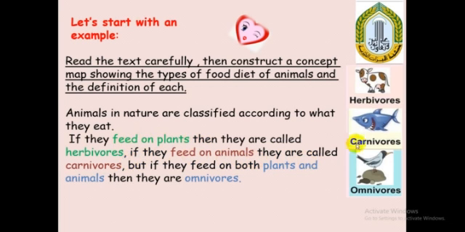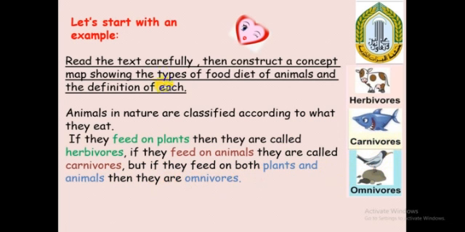So the shark is a carnivore because it feeds on small fish, for example, or on other animals. But if they feed on both plants and animals, they are called omnivores, like this bird right here. It feeds on seeds, which are plants, or insects, which are animals. That's why it's an omnivore.